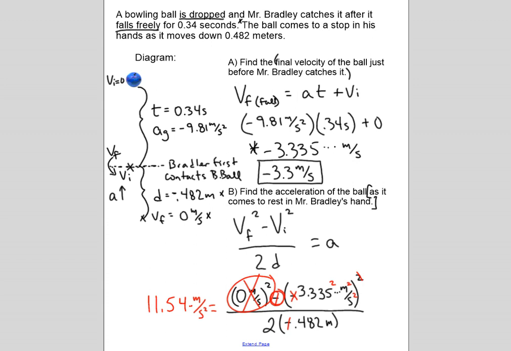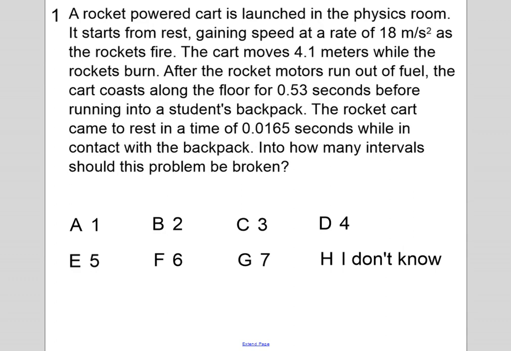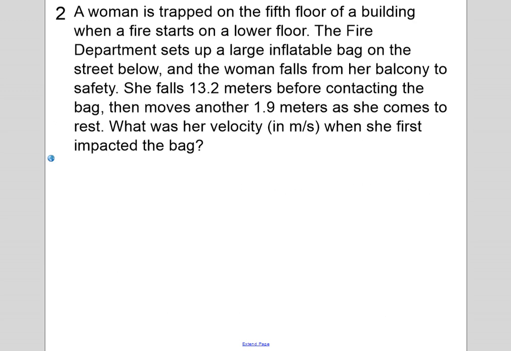Now, if you printed the notes, there are 3 slides with questions in them. One of them has a rocket-powered cart that flies across the room, and we want you to think about how many intervals this is. The next question has a woman trapped on the 5th floor of a building, and then she falls a certain distance, then she hits an airbag and goes another distance as she's slowing down with the airbag, and we ask you to find the velocity at the end of the fall.